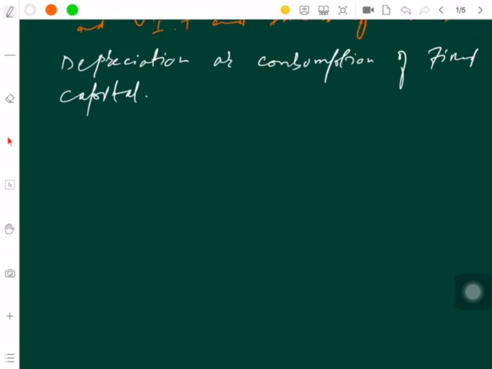This is the difference between the gross and the net, so it is used to differentiate between gross and net. The simple thing we can do to understand it is, say we have net product, we'll make it equal to gross product. So net will become equal to gross only when gross is subtracted by depreciation.